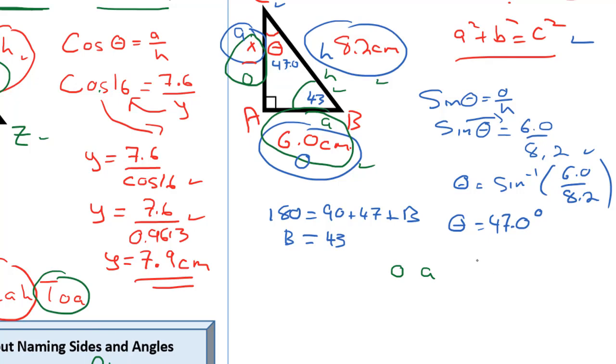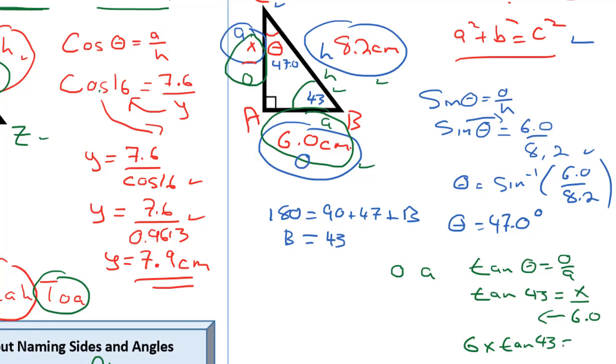Let's start off by writing down the formula. Tan of theta is going to equal opposite over adjacent. I'm going to plug in what I know. I know that angle theta is 43 degrees, opposite is what I'm looking for, and adjacent in this case is 6.0. I'm going to move the 6 over to the far side by multiplying both sides by 6, so I end up getting 6 times tan of 43 is going to equal x.